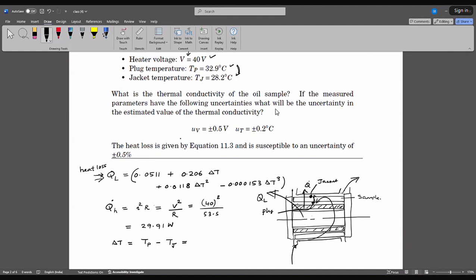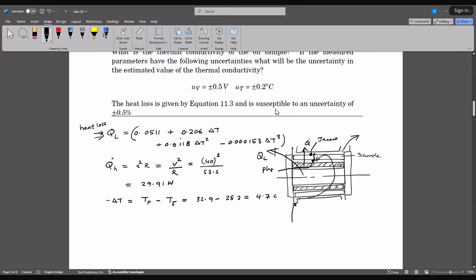The temperature of the plug is 32.9 degrees centigrade and the temperature of the jacket is 28.2 degrees centigrade. So the difference gives you 4.7 degrees C.